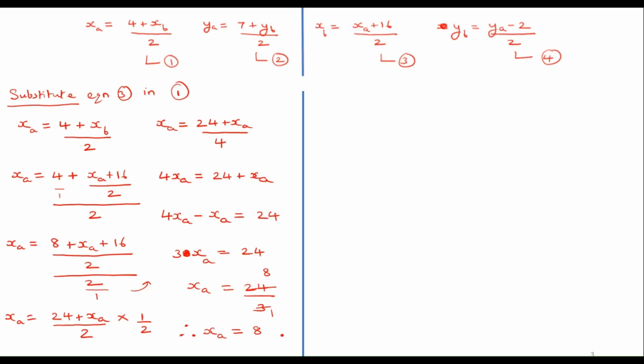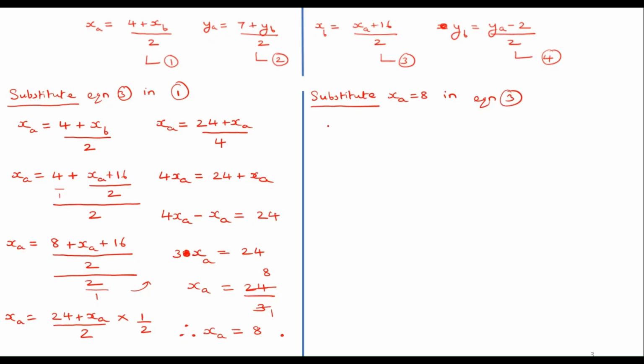So we got the coordinate of xa. Now we will substitute the xa value in equation 3, so we will get xb also. Substitute xa is equal to 8 in equation 3.